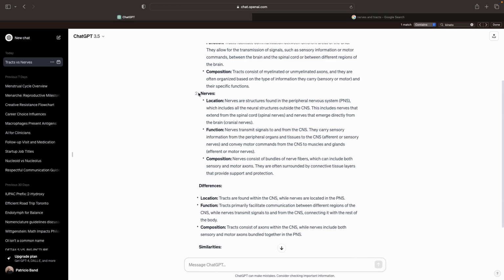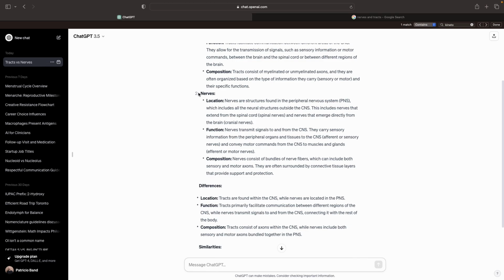So nerves are structures found in the peripheral nervous system, including neural structures outside the CNS. This includes nerves that extend from the spinal cord, spinal nerves, and nerves that emerge directly from the brain, cranial nerves. That's why we have spinal nerves and cranial nerves. So that's their location.